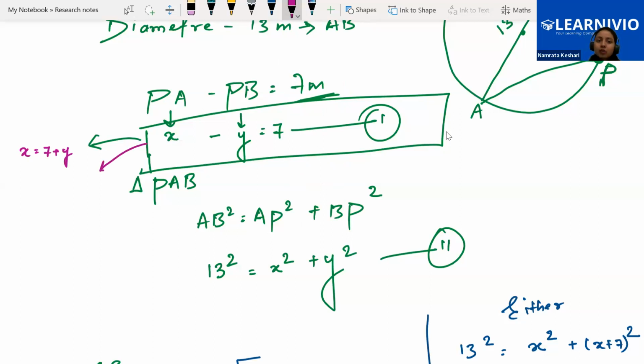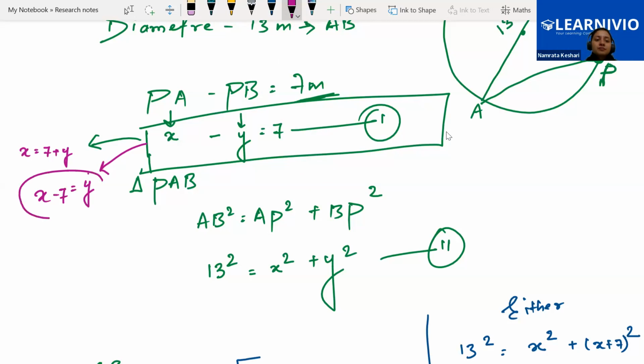Or we can also take out y. For taking out y directly, you will try making y positive, and that is simply possible. You can just transpose y to the other side, and from the other side you are pulling that 7, so it will be x minus 7.